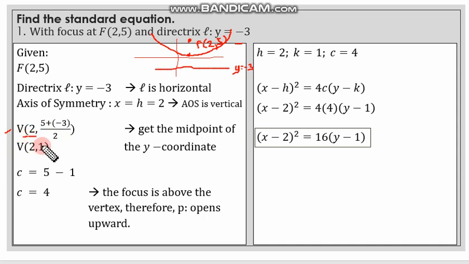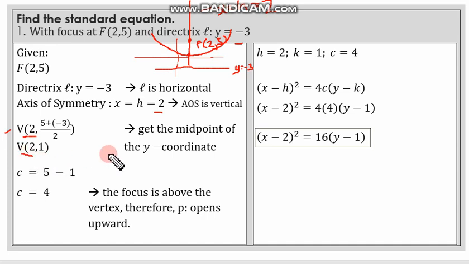So h is equal to 2, because the axis of symmetry of the parabola is vertical, which means the axis of symmetry is equal to h. We don't have the vertex yet, but the h of the vertex and of the focus are the same, since the axis of symmetry passes through both. Since the axis of symmetry is vertical, we expect that the h of the vertex is the same as the x coordinate of the focus, which is 2.